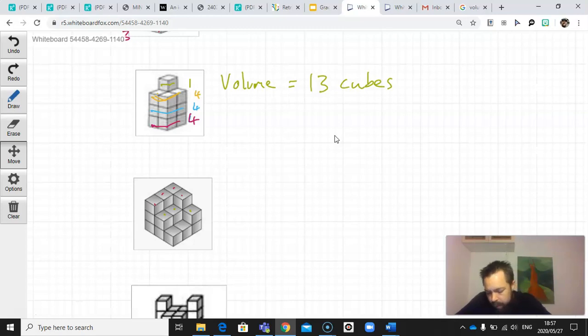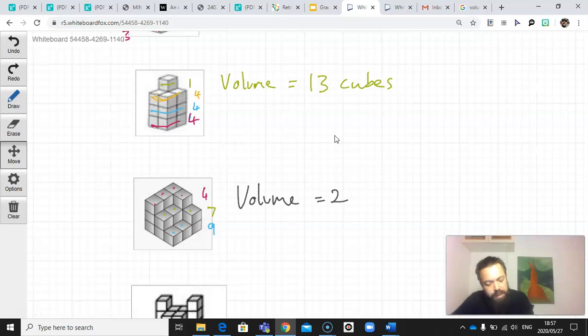So we've got 4 on the top. We've got the same 4 underneath those 4, plus these extra 3 makes 7 on the next level. And on the bottom level, we've got the 7 that we can see on level 2 and another 2. So that makes 9. Now when we add them together, 4 plus 7 is 11, plus 9 is 20. So the volume is equal to 20 cubes.